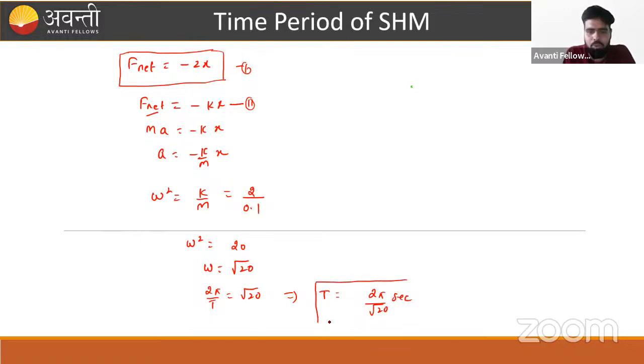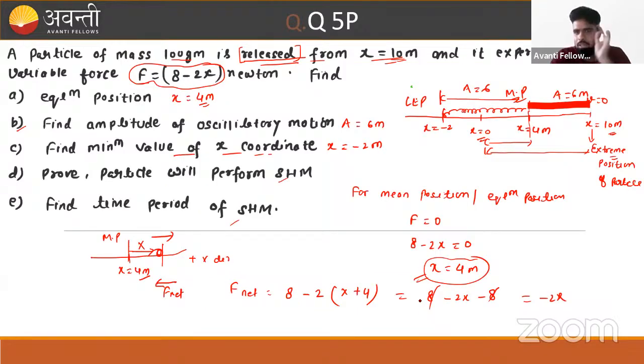I hope this question will help clear a lot of micro concepts regarding SHM: how we can find the mean position, how we can approach the amplitude. And we have to know that in this particular problem, the whole process does not depend upon the initial position of the particle; this 8 does not affect our final solution.